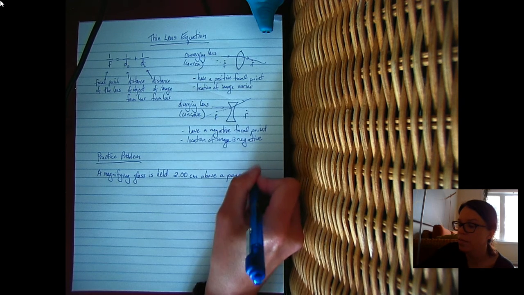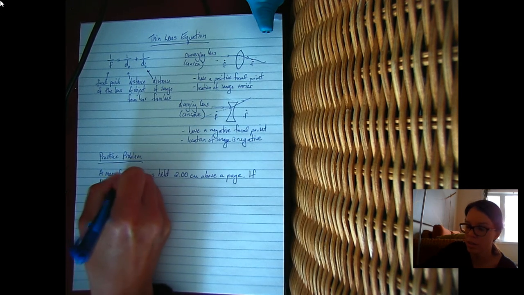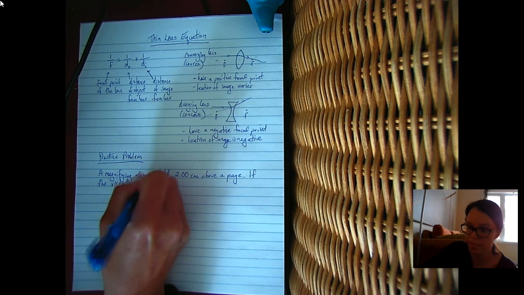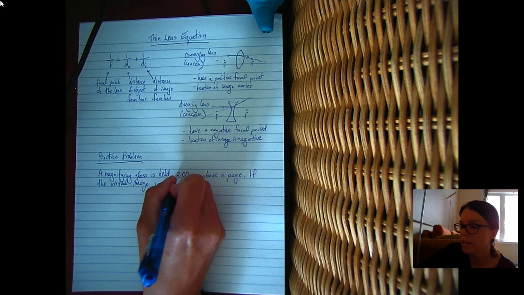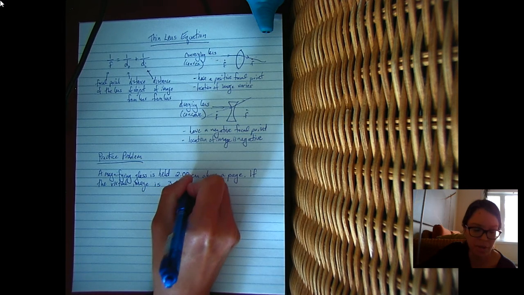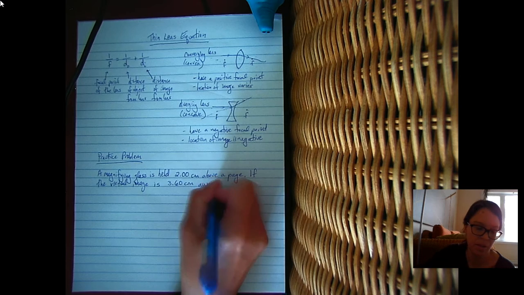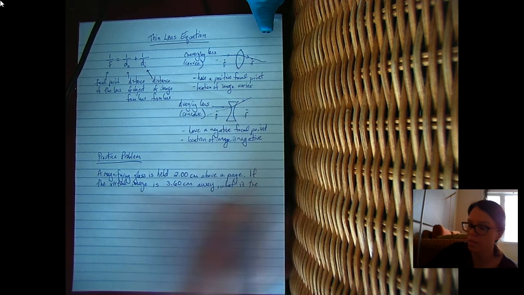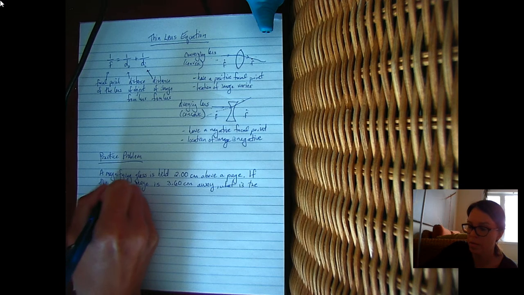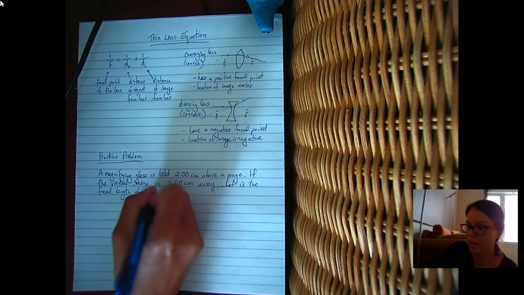So if the virtual image is 3.60 centimeters away, what is the focal length of the lens?